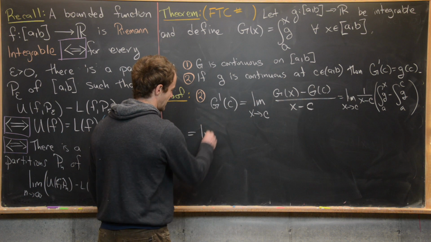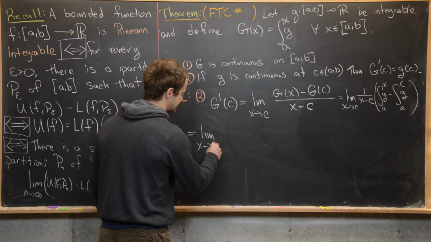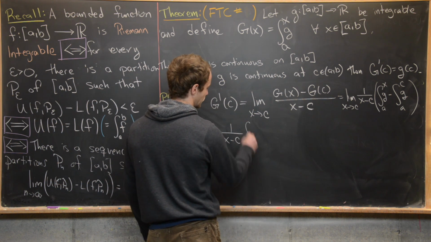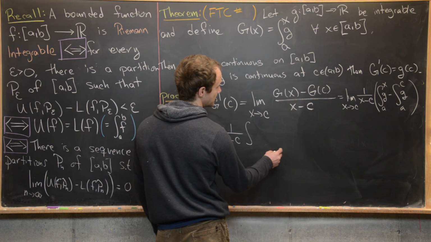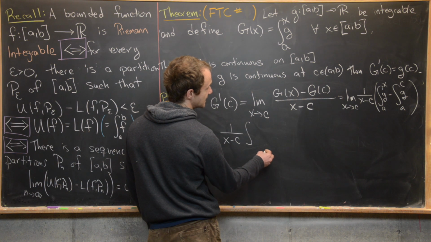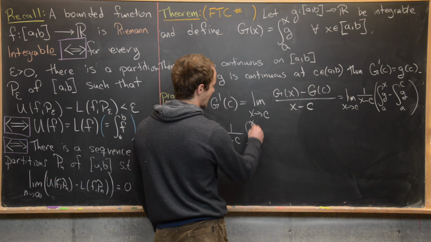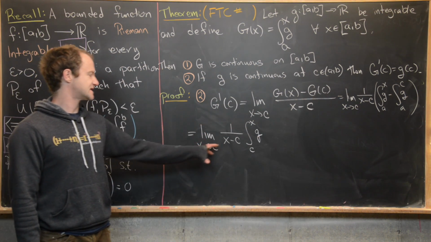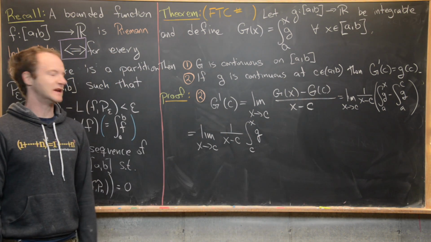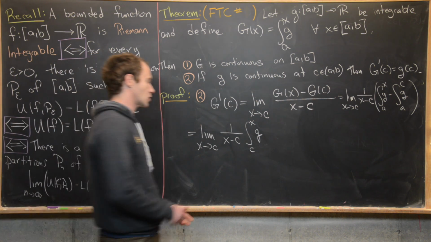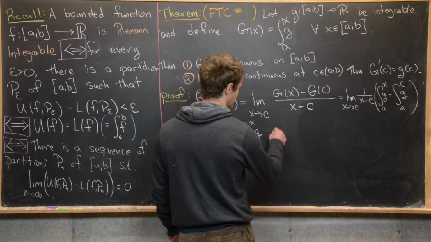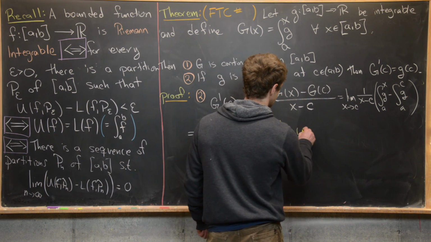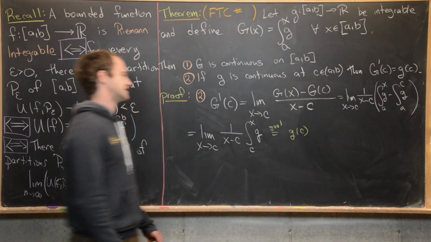That'll give us the limit as x goes to c of 1 over x minus c times the integral from c to x of little g. So that tells us this is the type of object we need to look at, and our goal is for this to be equal to g evaluated at c.